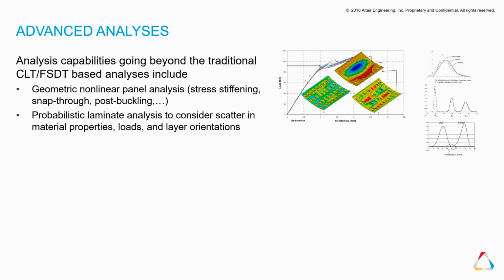Earlier I mentioned the possibility to define statistical data for material properties, and this data can then be used in performing probabilistic laminate analysis, so that certain selected material properties are varied. We can also give a statistical distribution for loads, and some tolerance for layer orientations, and we can have any number of these parameters for which we consider the scatter.